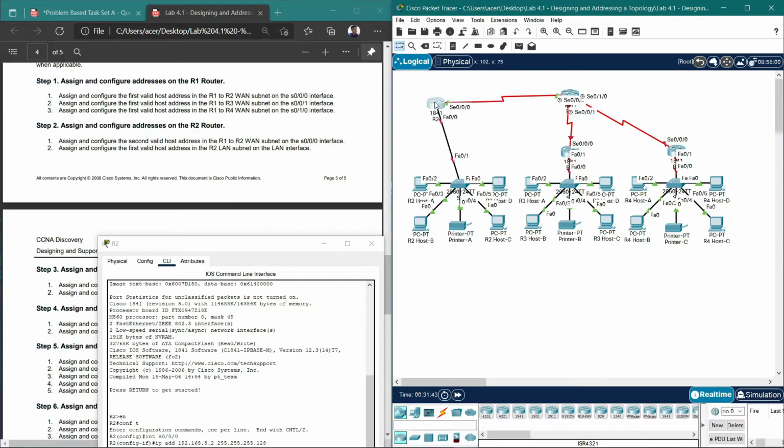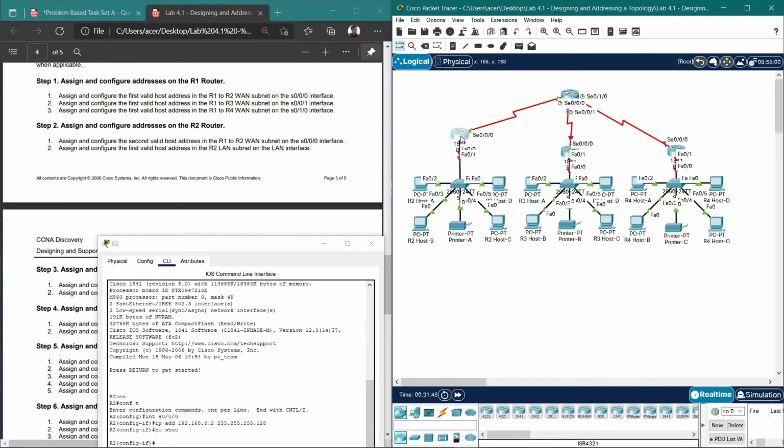So the connected LAN network will be F0/0, and all three networks are connected to the same port F0/0.